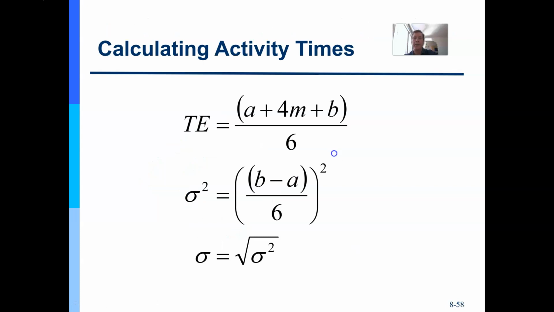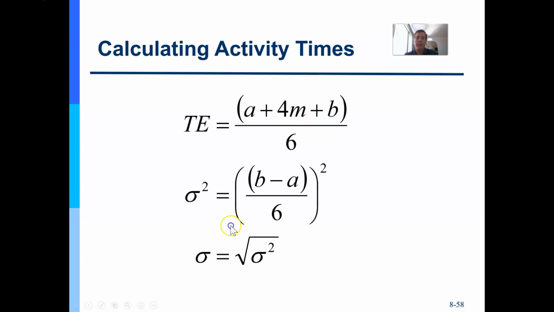Now we can calculate the activity times. There's the formula in the book. This is the PERT formula, and basically it's just the optimistic plus the pessimistic plus the most likely time, and we weight the most likely by 4. Now PERT divides by 6 because it's an average. It's a simple mean. And so I have 6 variables up top in the numerator, 1, 4, and 1, so I divide by 6.